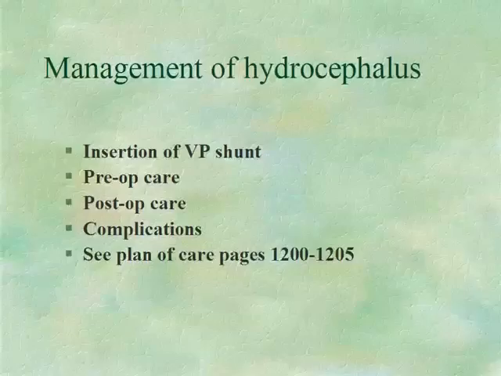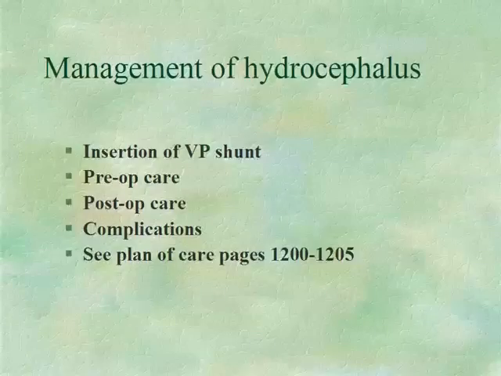What can be some complications? It is a foreign material in the body, so infection. When they get infected, the child may need to be in the hospital, may have to go to surgery for revision of that shunt, involving antibiotics, all those types of things. The shunt may stop working. How do we know it's not working?